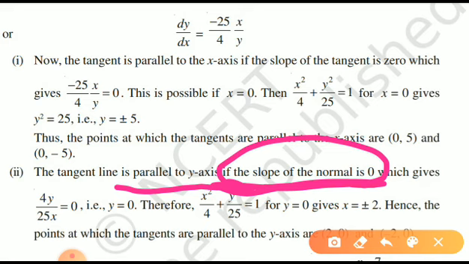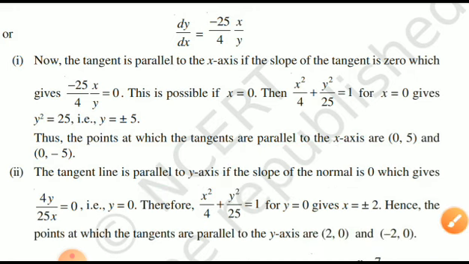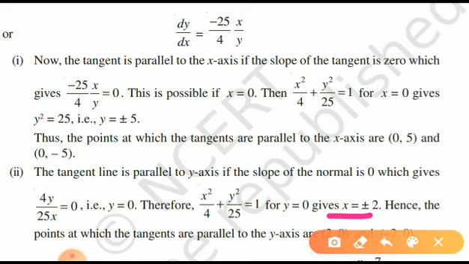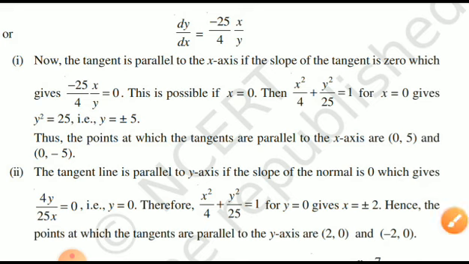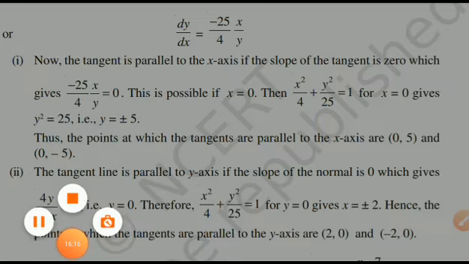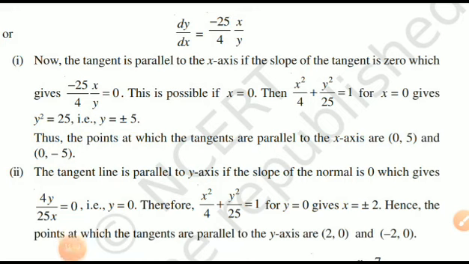So will I get 4y by 25x equal to 0? And this is possible only if y is 0. So substitute the value of y as 0, and you will get the value of x as plus or minus 2. And hence, the points at which the tangents are parallel to the y-axis will be 2, 0 and minus 2, 0. Okay, clear this one?